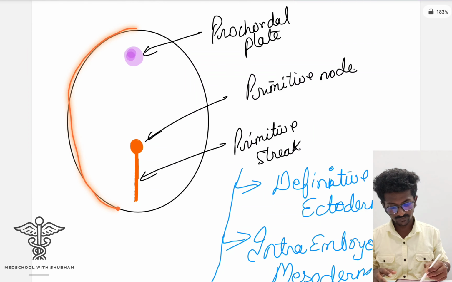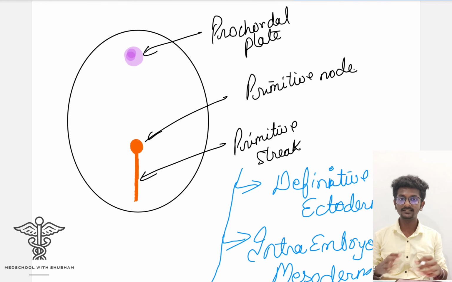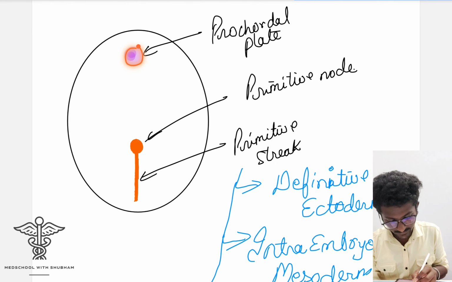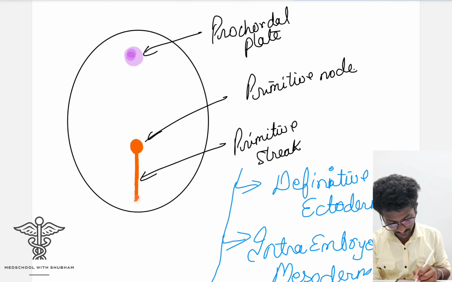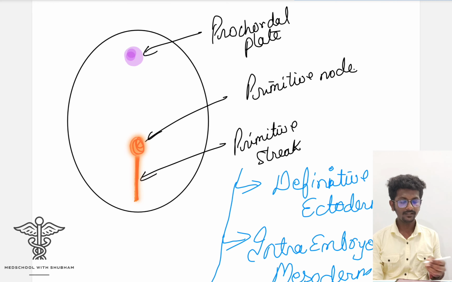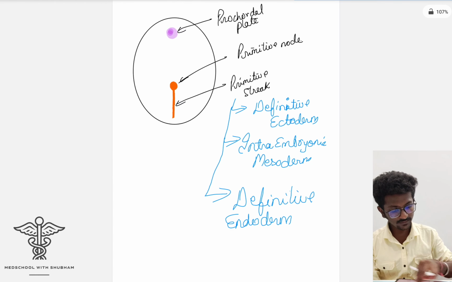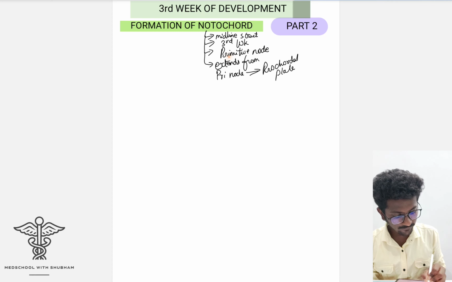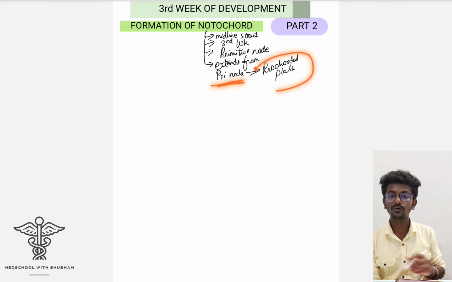So let me show you this in the diagrammatic form. I hope you remember this diagram, which I have taught you in my previous lecture. This is the embryonic disc. This is the prochordal plate or the prechordal plate, and this is the primitive streak, and this is the primitive node. The primitive node is also called Hensen's node. Now, according to the definition, it develops from the primitive node and extends from the primitive node to the prochordal plate.